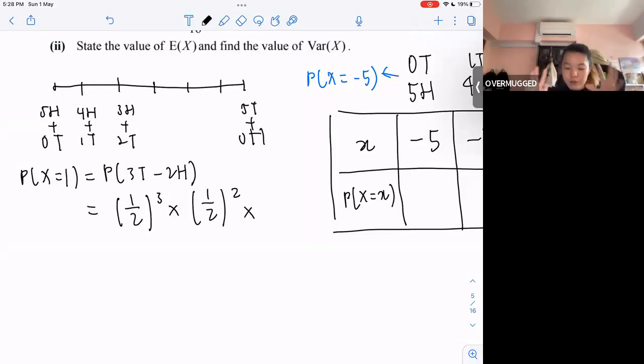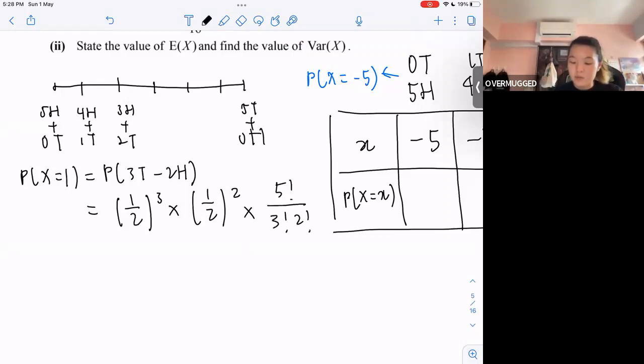But I have to take into account the order, right? Am I going to get a tail first or a head first? That's why I have to times my 5 factorial. And because I have repetition, 3 tails and 2 heads, I'm going to divide by my 3 factorial and 2 factorial.